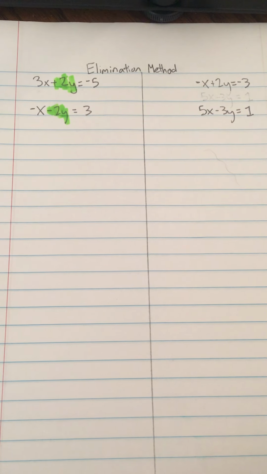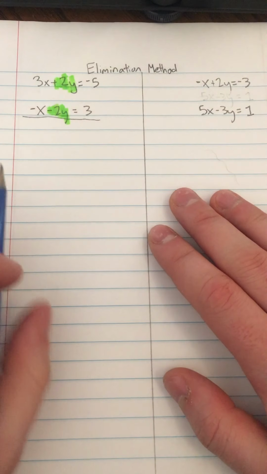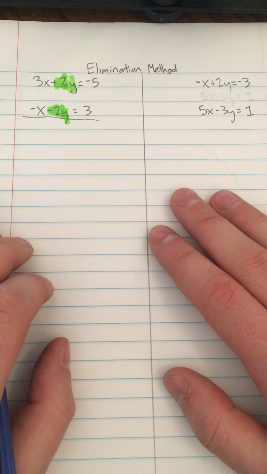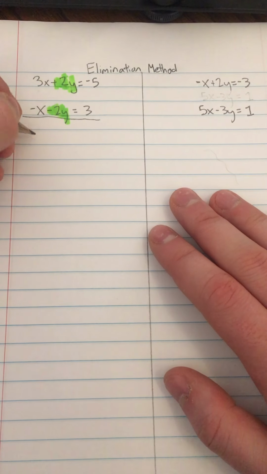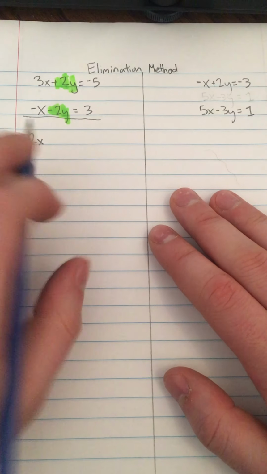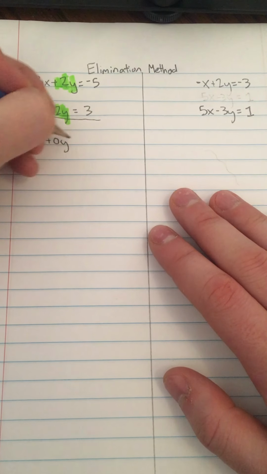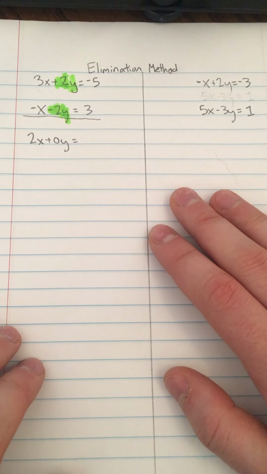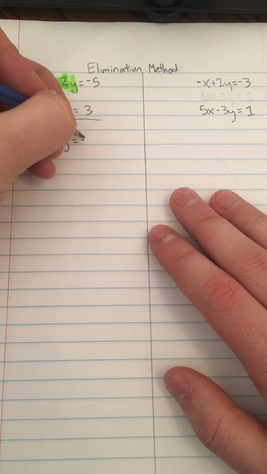2y plus negative 2y adds to 0. And so if we add these equations, we can see that the y values will eliminate. So 3x plus negative x is 2x. 2y plus negative 2y is 0y, and negative 5 plus 3 is negative 2.